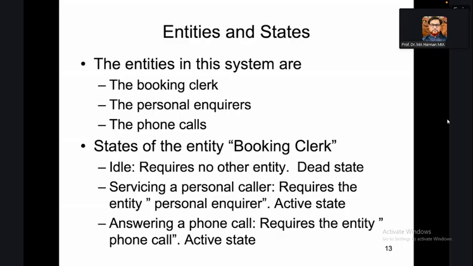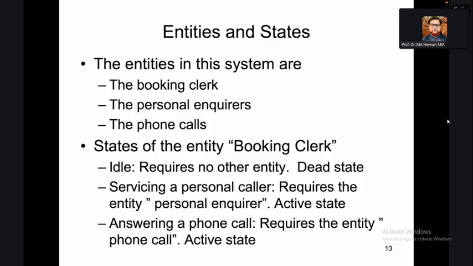So the booking clerk is somewhere, still not in the booking center, or he is in the booking center, but no telephone call, no people in person asking any queries. That means it is the dead state of the booking clerk.